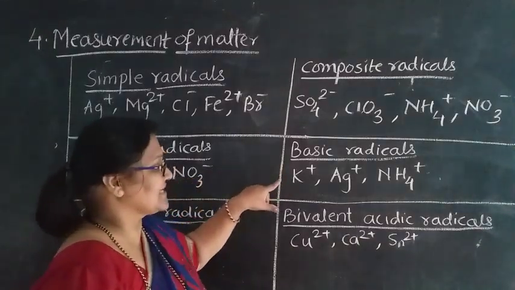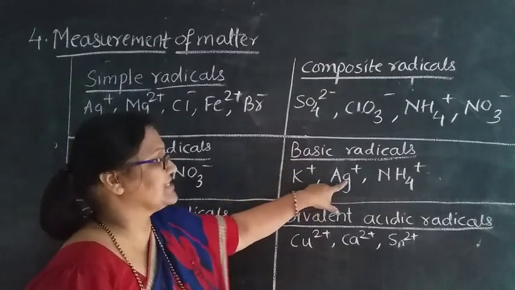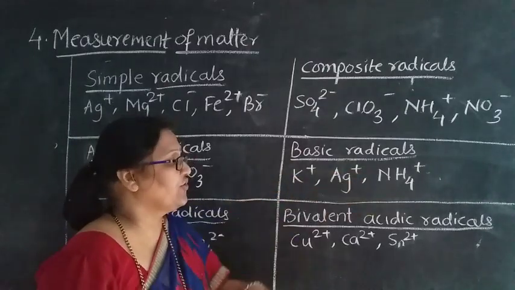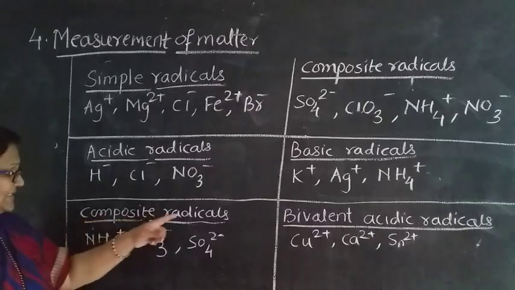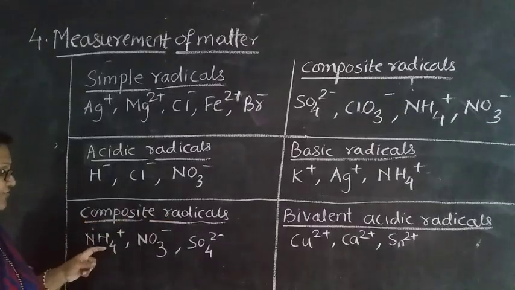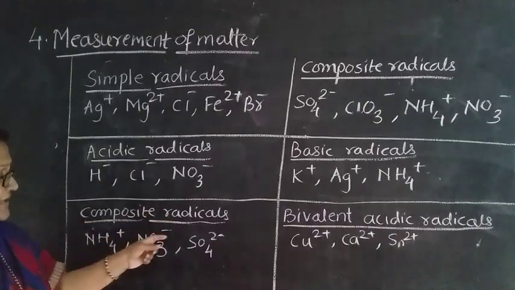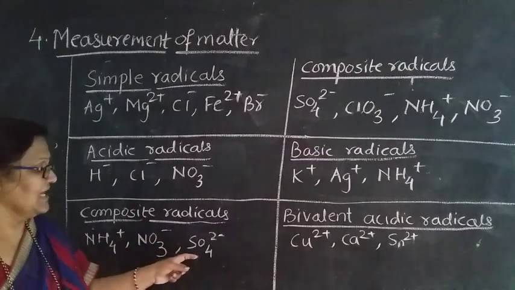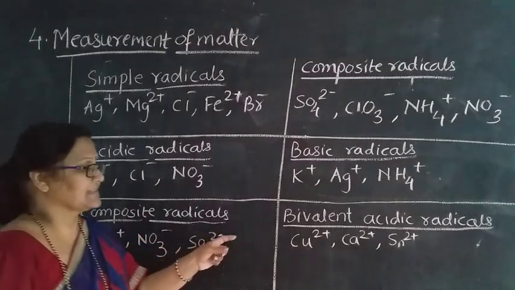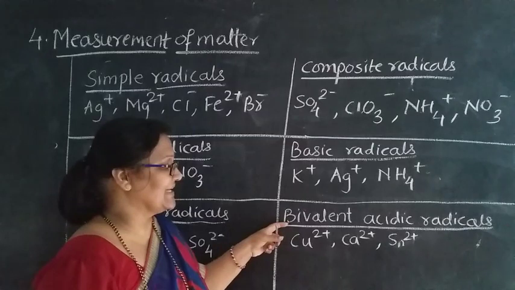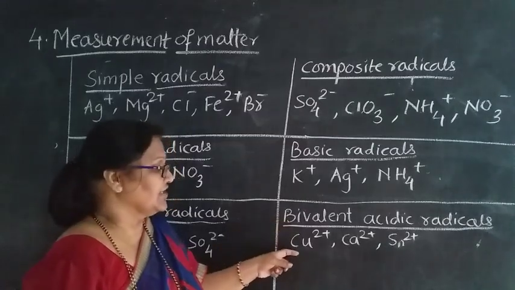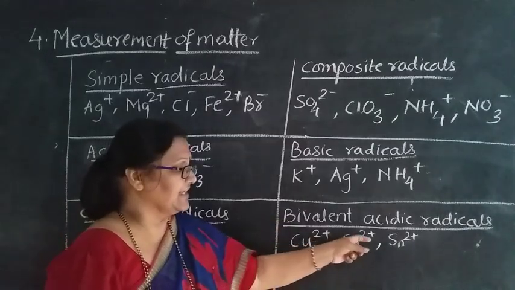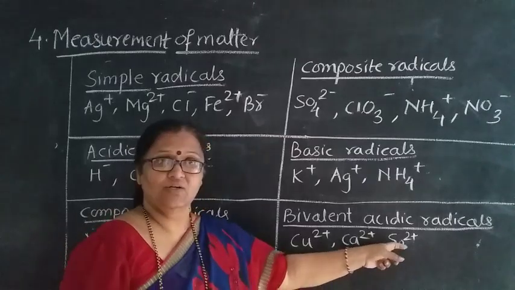Basic radicals are K+, Ag+, NH4+. Composite radicals are NH4+, NO3-, or SO4 2-. Similarly, bivalent basic radicals are Cu2+, Ca2+, Zn2+.